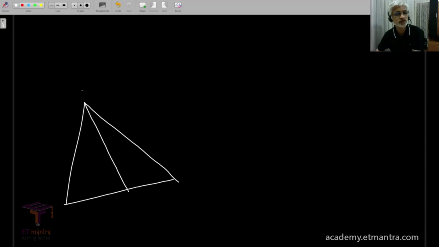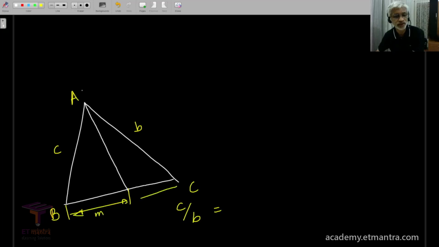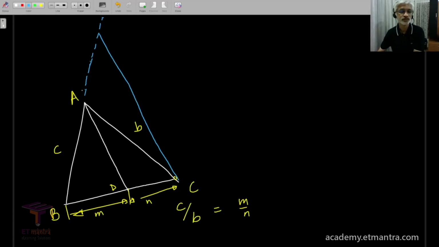So we do have a triangle, and we have the angle bisector, and what we are claiming is that C by B is going to be equal to M by N. So the construction is to draw a parallel line to AD passing through C. That constructed line is going to meet this line. Okay, let's call it E.